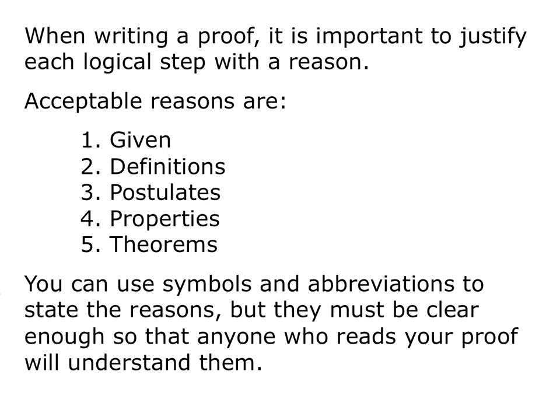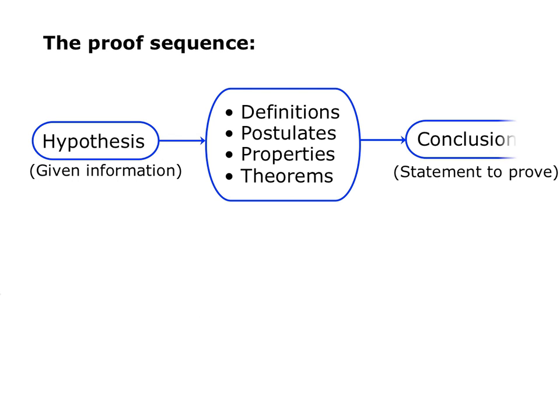These are some examples of what you can use to justify. Now, it's probably in your notes more in this kind of a look. See that on 2.6? This is more how it's in your notes. We're always going to begin with a hypothesis. Hypothesis is the given information. So you have to read the directions to every problem. It will tell you what facts you can use on this particular problem. The same diagram might have different information on another problem, so you need to pay attention to the specific given information.